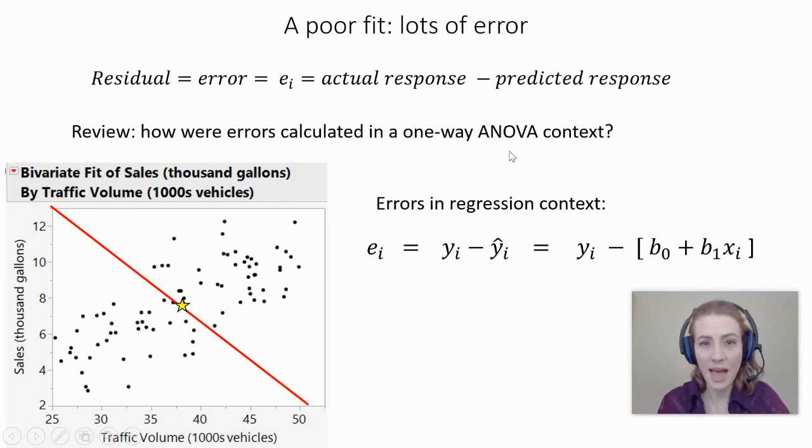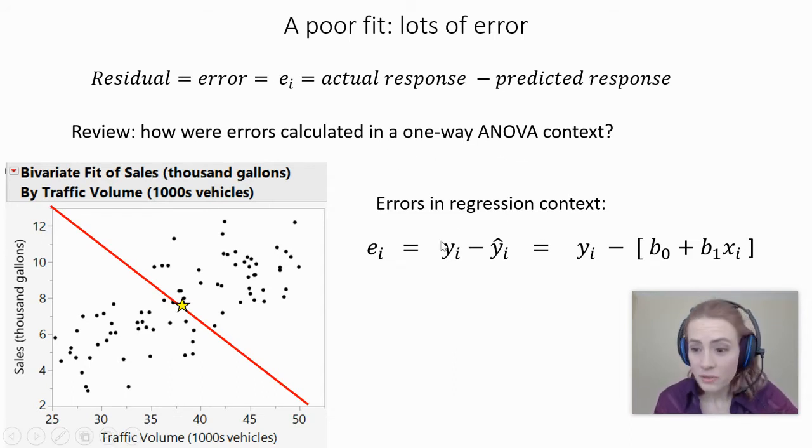There, we took the actual value and subtracted the sample mean for the appropriate sample. The example there was with cars and in what distance they could stop. So if we wanted to calculate the error of a particular car, we need to find out how far it took to stop, the actual value, and then we'd subtract the sample mean for that particular type of car, whether it was a Chevy Malibu or a Toyota Camry or whatever.